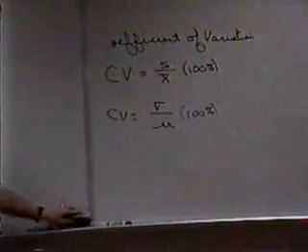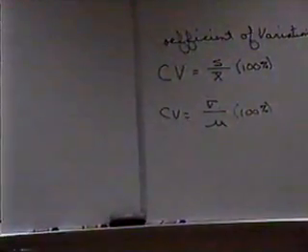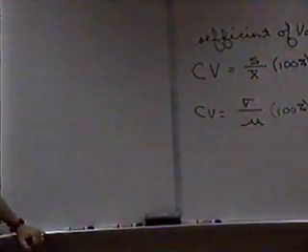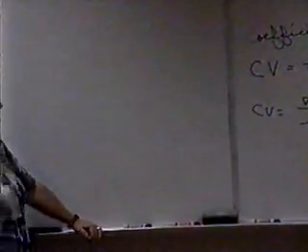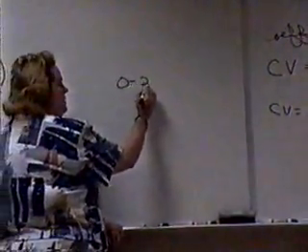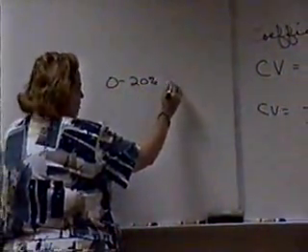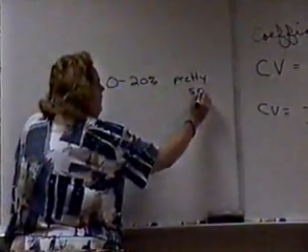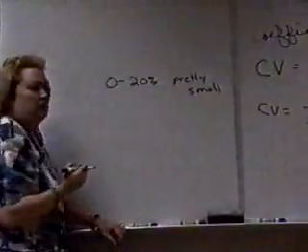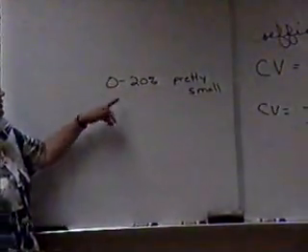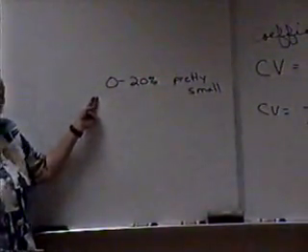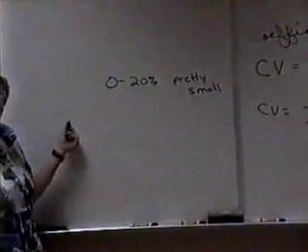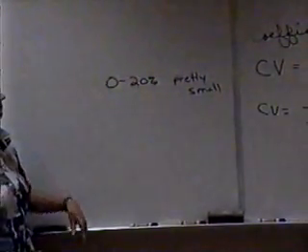There is no exact rule here, but once you change it to a percent, it's easier to see how much variation there is. And anything from 0 to 20% is usually considered pretty small. Pretty small variation, the numbers are close together. So you can see that a coefficient of variation of 5, you would say this is very small deviation.